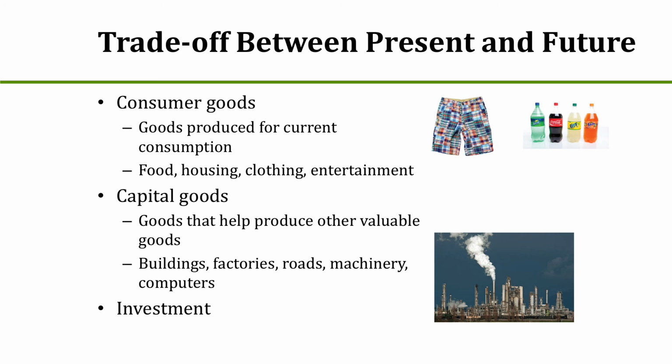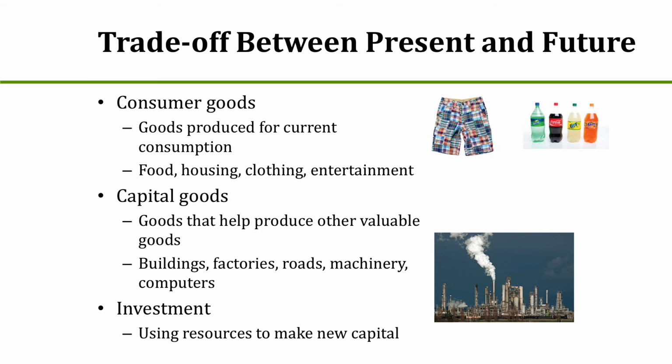So they might be machineries, factories, buildings, roads, trucks, cars, computers. These goods are used to produce consumer goods. The next thing is investments. Investments are a kind of fund that you use to make new capital.